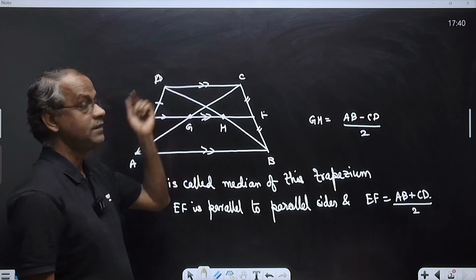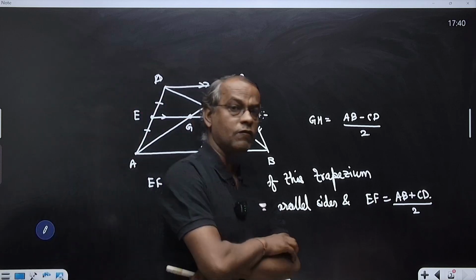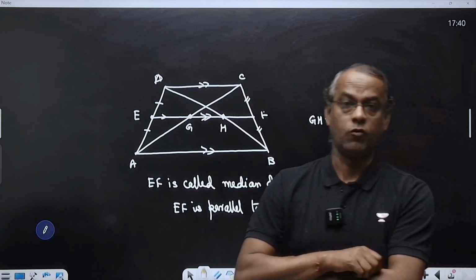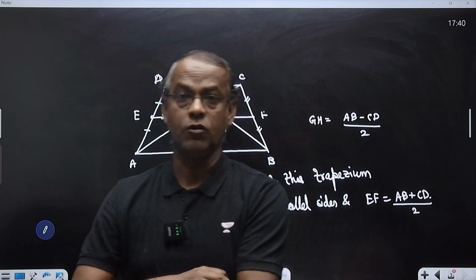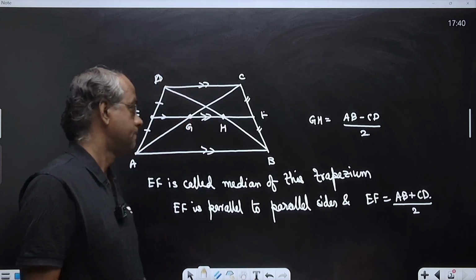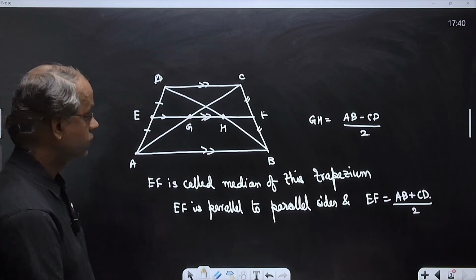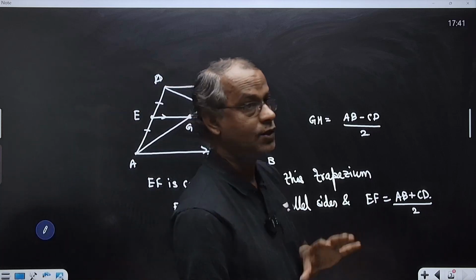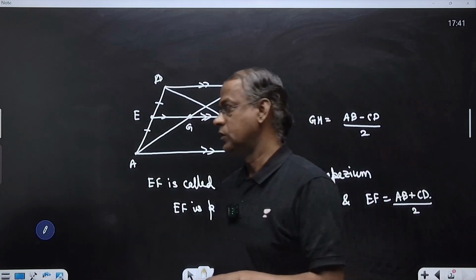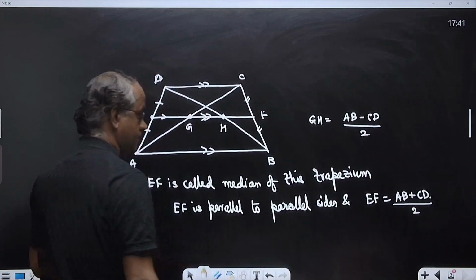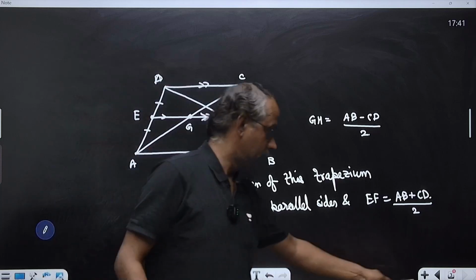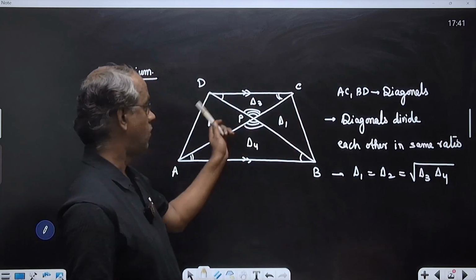Half of this minus this, from the converse of the midpoint theorem or basic proportionality theorem or Thales theorem. Okay. So these are the facts that we need to know about trapezium. We have gone through areas too.